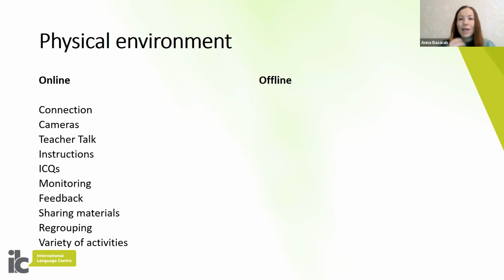So things like using the annotation function. When you share your screen, you can ask your students to write something on the board, or to play Pictionary. When one person draws, the other one has to guess what the picture is, or what the object they've drawn is. You can, as I mentioned, use board games, but again, you need to think carefully how you're going to set it up, at each step of this task setup.